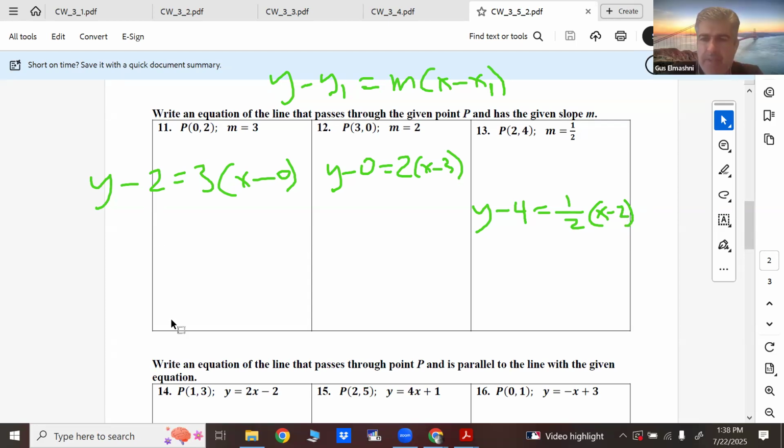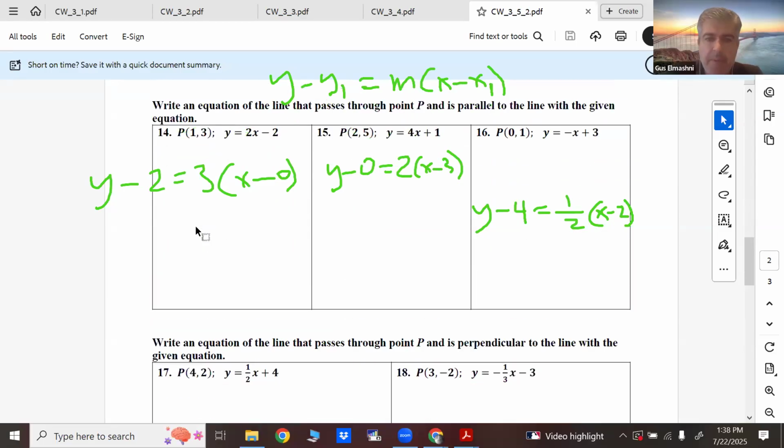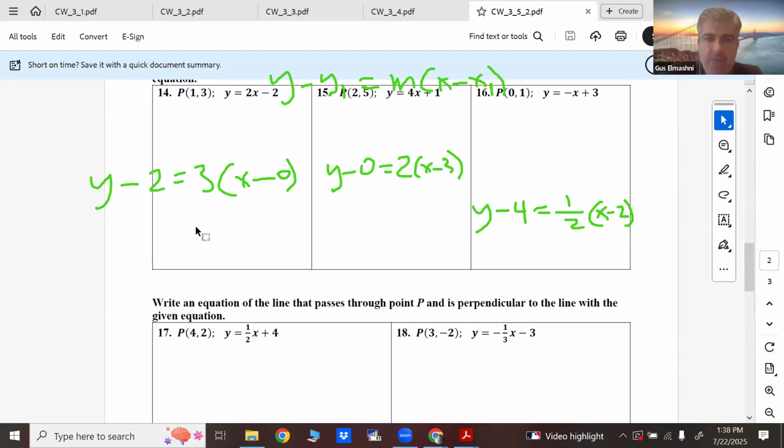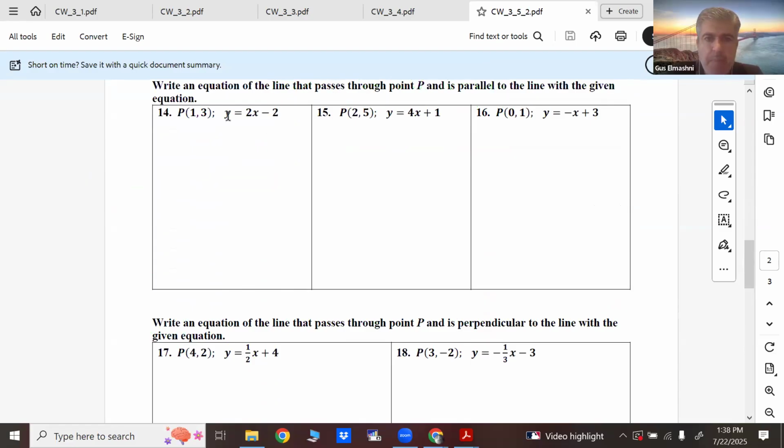So does that make sense? So I got those. Yeah, and I'm using point slope form. And then this is with parallel and perpendicular lines. I'll do 14, 17, I'll have you do 15, 16, 18. So if you want to be parallel to the line and pass through that given point, you would just say y minus 3 equals 2 parentheses x minus 1. That's all.